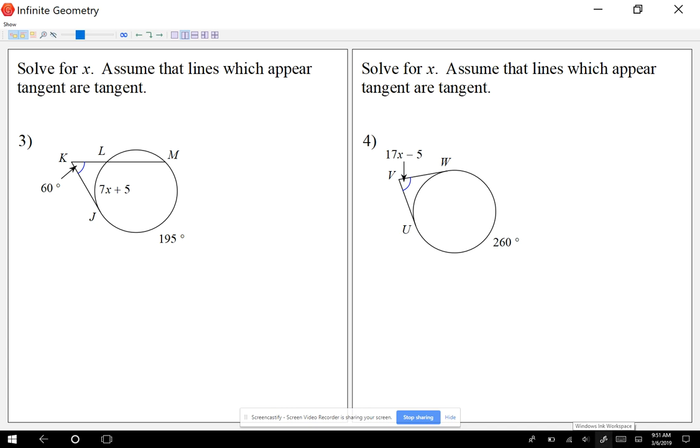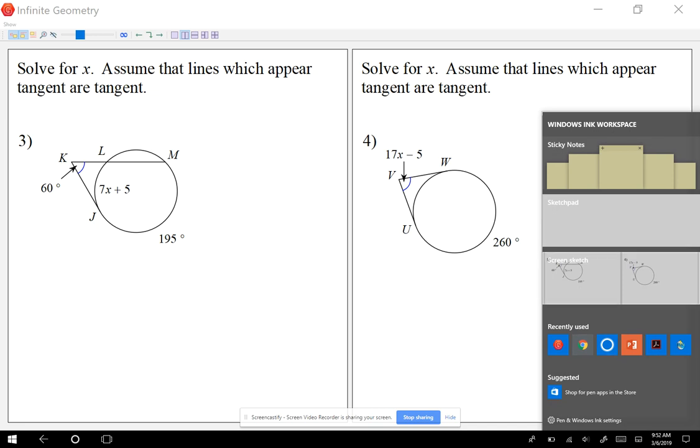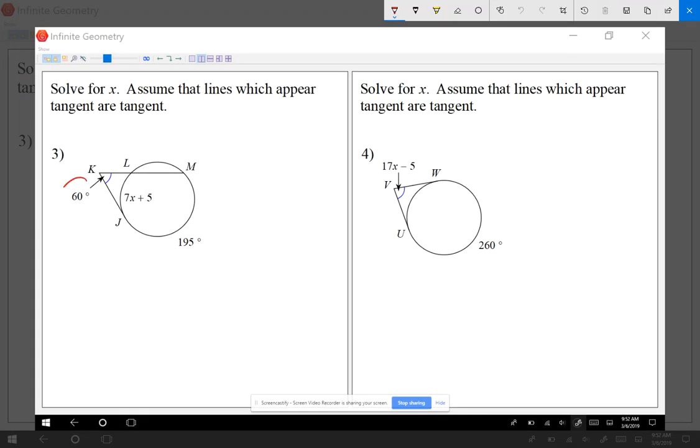All right, I see the angle is 60. So I'm going to go 60 times 2. There we go. So my angle here is 60.